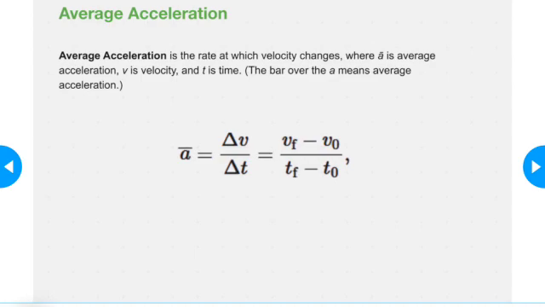So first thing here you want to write down is that the average acceleration is the rate at which velocity changes, and also write down this formula.